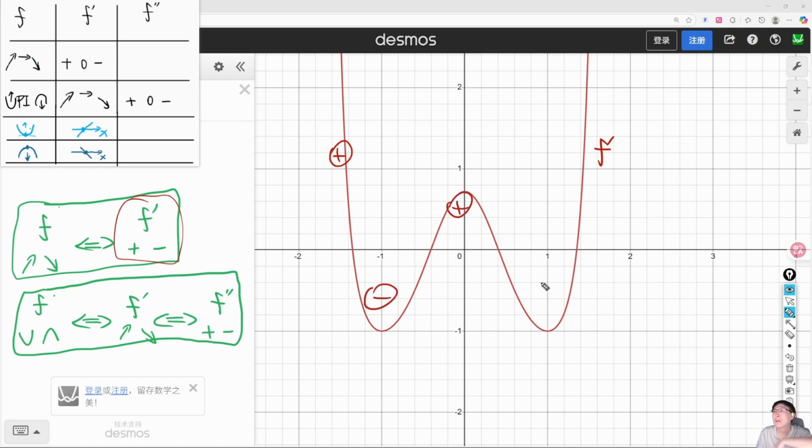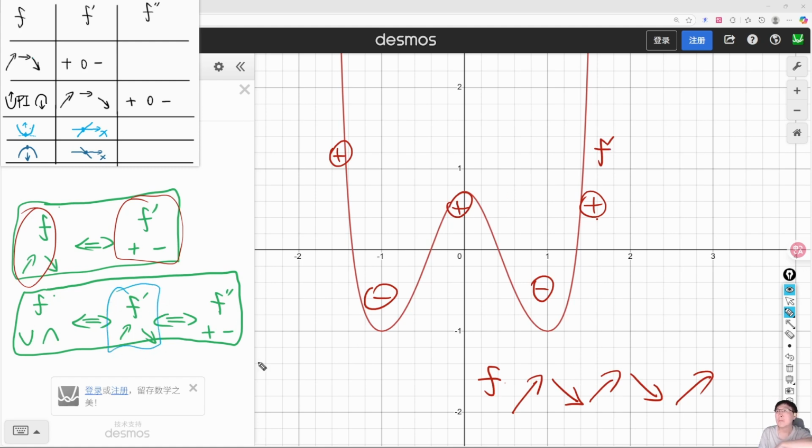to positive to negative to positive. Then the graph of f must be increasing, decreasing, increasing, decreasing, increasing. And then when we check the trend of f prime, it goes from decreasing to increasing to decreasing to increasing.